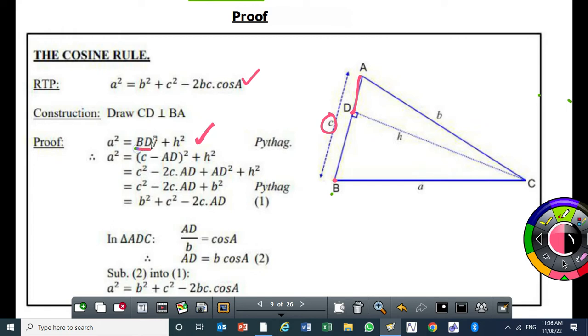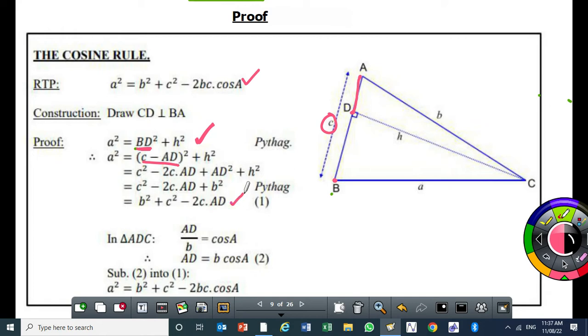Then we replace this BD by an expression in terms of c and AD, and that expression is c minus AD. Once we have this expression with AD, we need to eliminate it later on using triangle ACD. It's not difficult. Then you simplify using your knowledge of algebraic expressions. You remove brackets, you simplify, you get to this point.